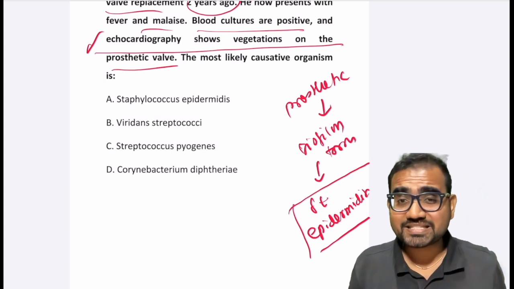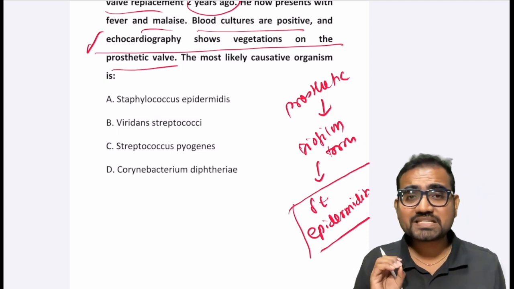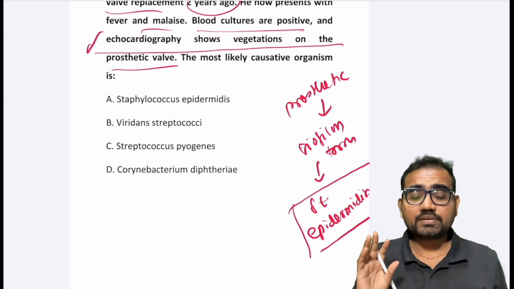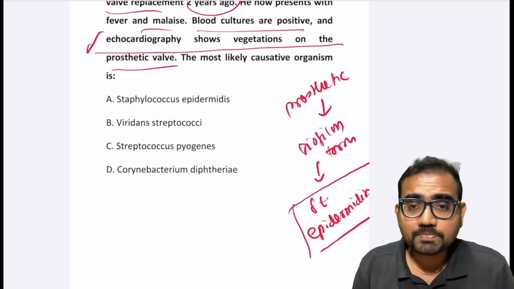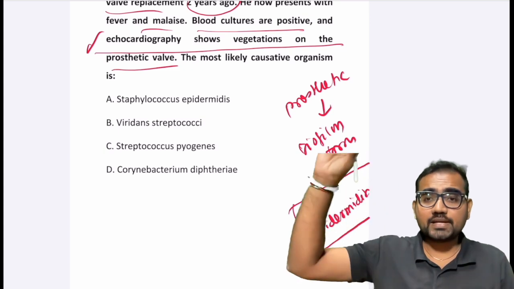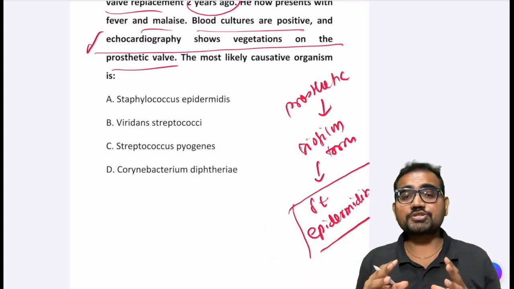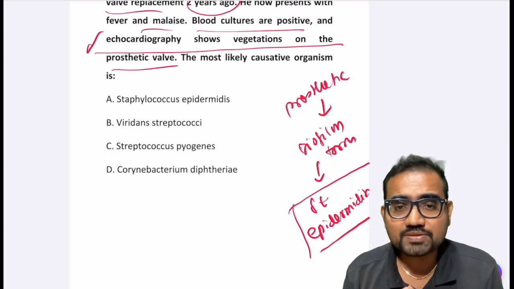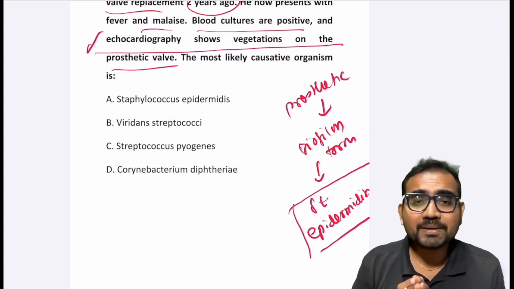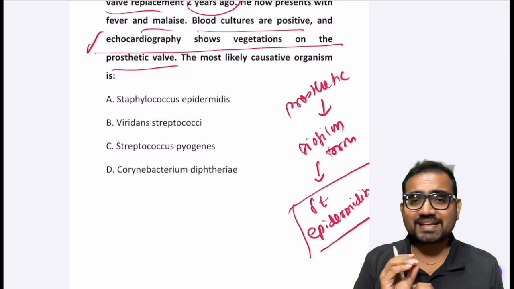Staphylococcus epidermidis is very important because these organisms are mainly responsible for infection in patients with prosthetic valves. It's a classic triad.